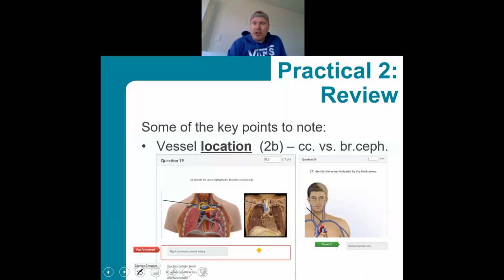And I think that was shown nicely on this one. So again, sometimes it requires looking at both models, both diagrams, and both plastinated models or pictures of plastinated models. So try to look at those and combine those, look at all the sources that you have available.